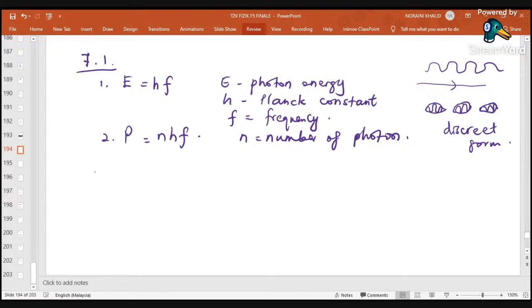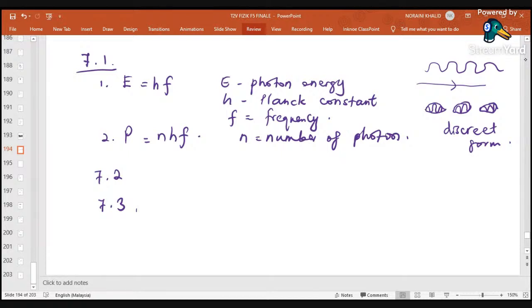Okay, 7.2, you study about explain the photoelectric effect, and then identify 4 characteristics of photoelectric effect that cannot be explained using wave theory. And then the 7.3, you study about Einstein photoelectric theory. The work function, the threshold frequency, the threshold wavelength. So you must be able to define what is work function, threshold frequency, and also threshold wavelength.